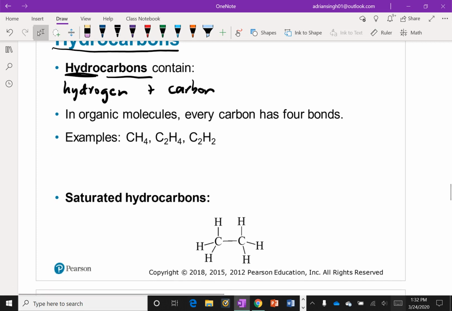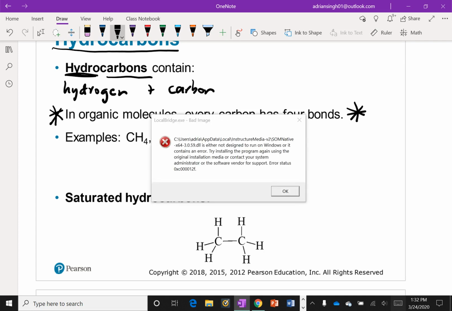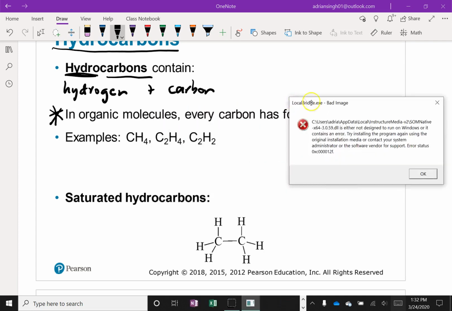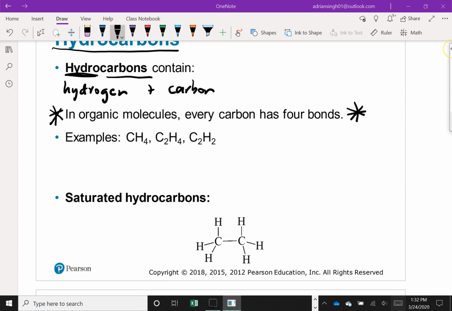One very important thing to keep in mind when we start looking at organic compounds: whenever you have to draw the structure for an organic compound, you want to make sure that every single carbon has 4 bonds attached to it. We saw this when we did our Lewis structures.